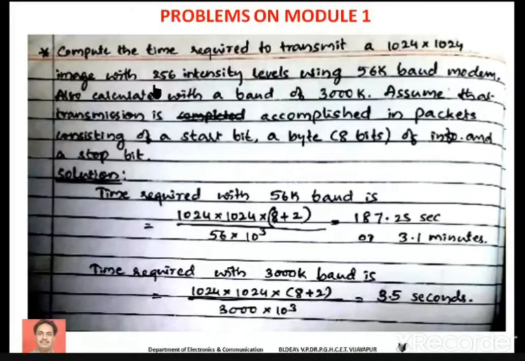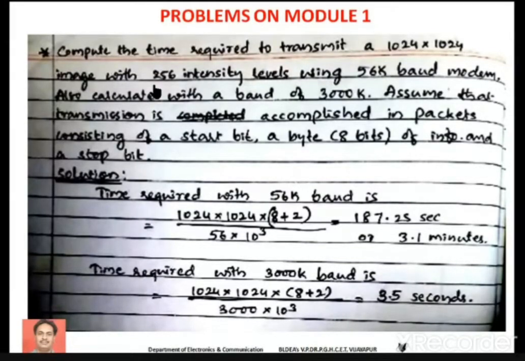And I have taken plus 2. Plus 2 is for each byte of data, that is for each 8 bits of data, you require one start bit and one stop bit. That's why I have written 1024 into 1024 into (8 plus 2) divided by the speed of the modem, which he has given as 56K, that is 56 into 10 to the power 3.